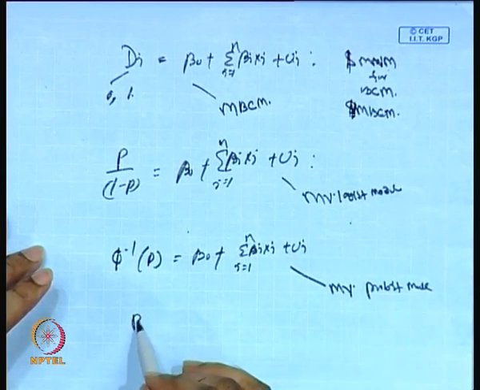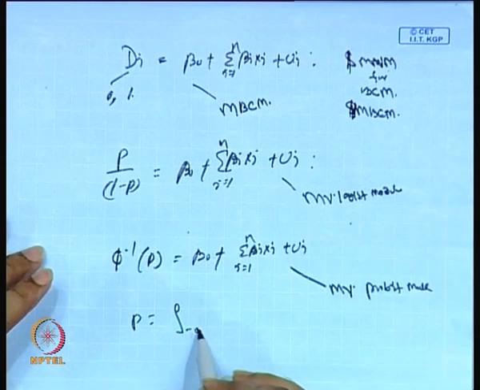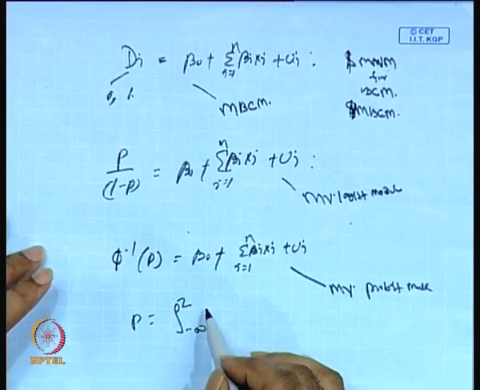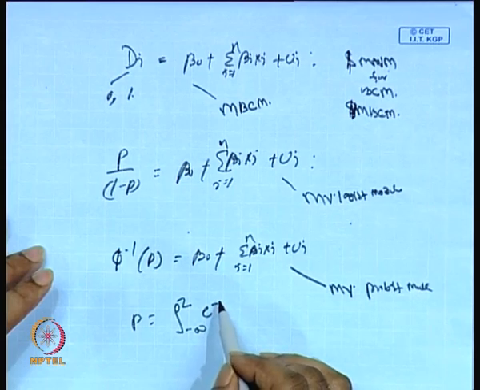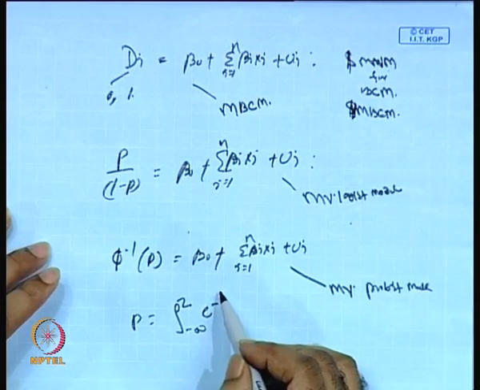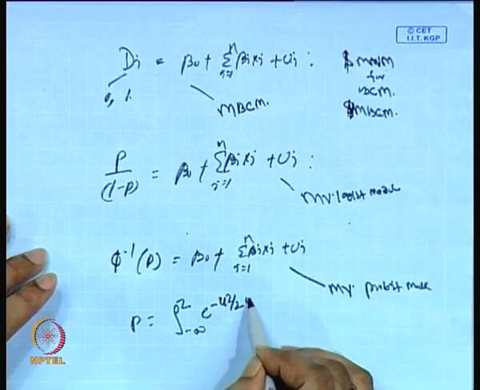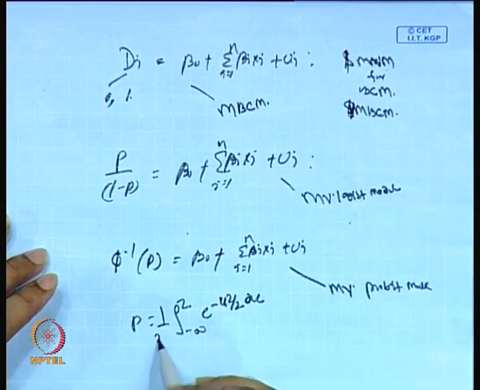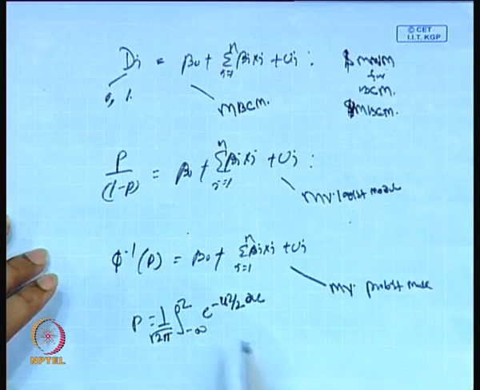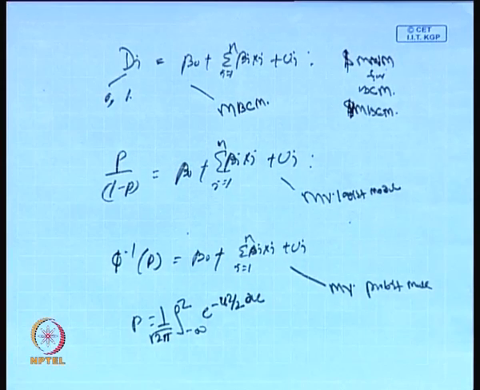where p equal to the integral from minus infinity to z of e to the power minus u square by 2 du. Obviously, 1 by square root of 2 pi is here.